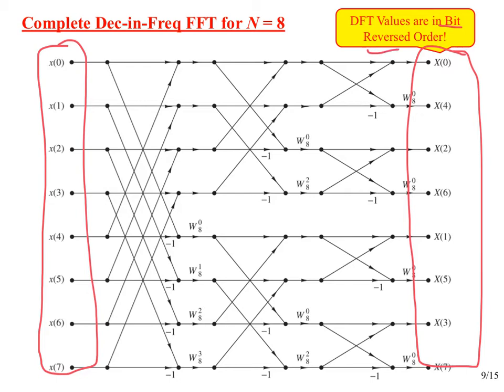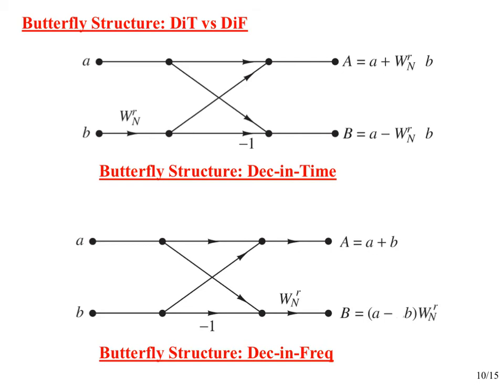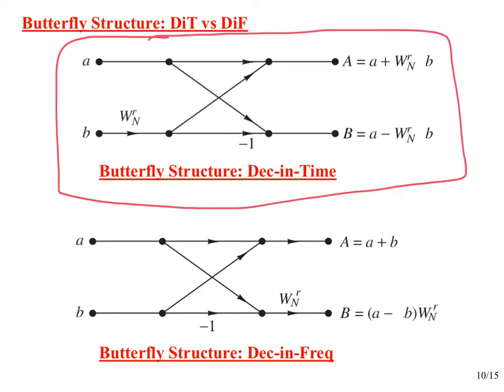So this is in some sense the dual of what we just derived in the last set of notes for decimation in time. If you look at this, you'll see that the butterfly structure is a little bit different for decimation in frequency versus decimation in time. This is the structure that we had before for decimation in time, and this is the structure down here for decimation in frequency.